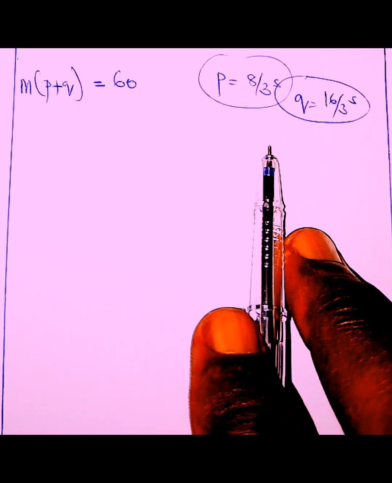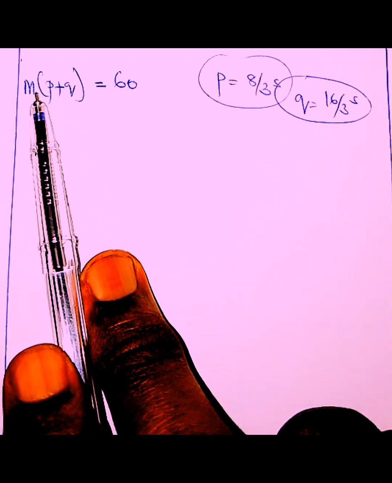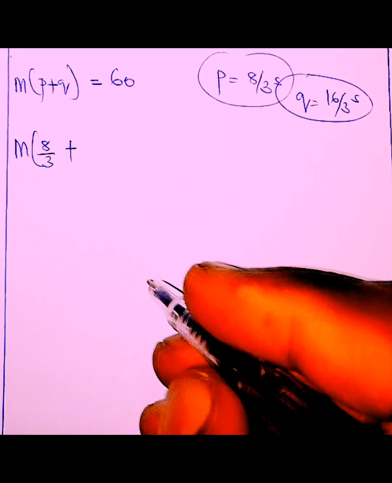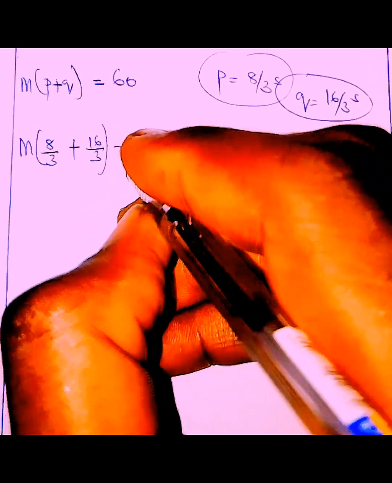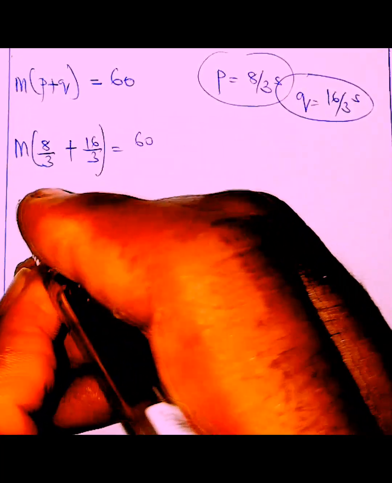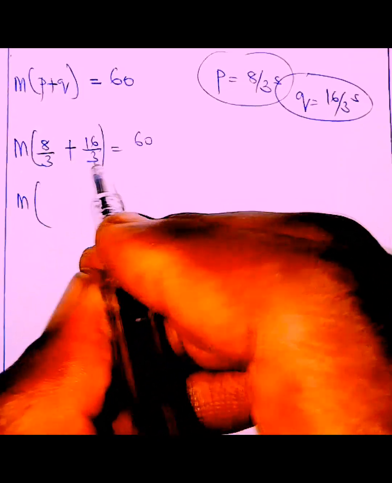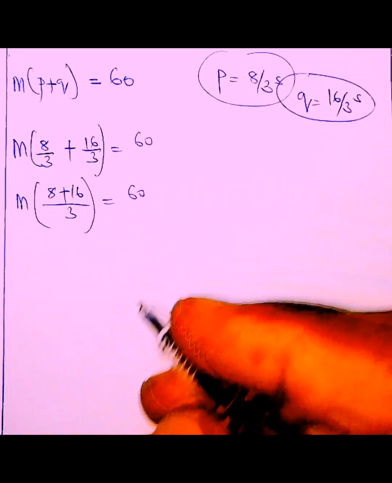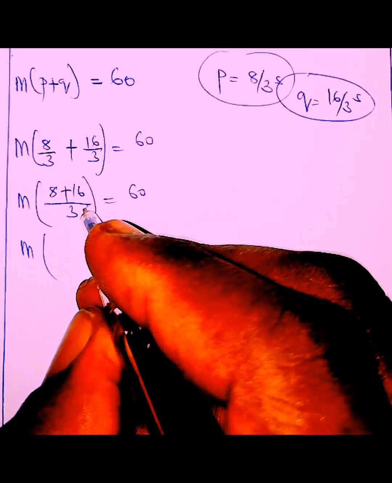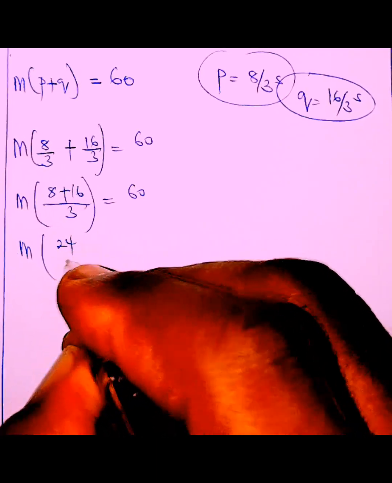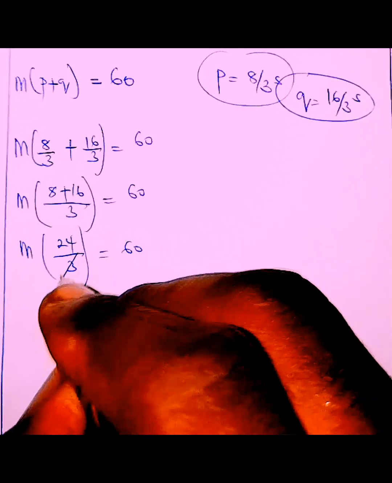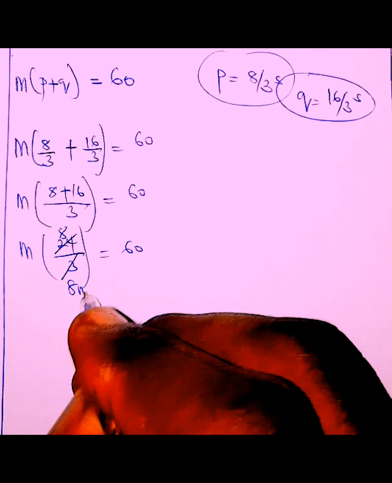So let's get the maximum speed attained, which is m, what we are looking for. Then p is 8 over 3 plus q is 16 over 3, equals 60 meters. So m times (8 plus 16) over 3 equals 60. 8 plus 16 is 24, so 24 over 3 equals 8, giving 8m equals 60.